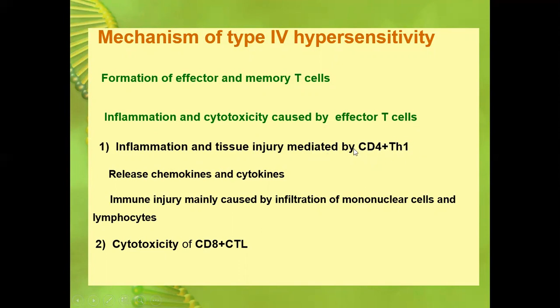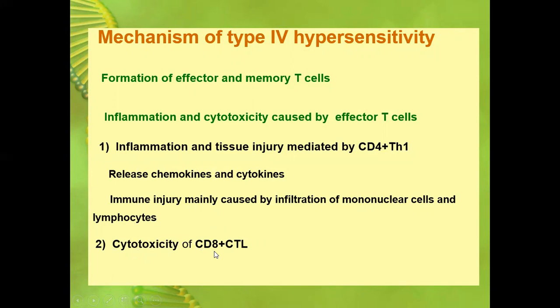CD4 is a marker present in T helper cells, and they release cytokines and chemokines, and that leads to immune injury mainly caused by infiltration of mononuclear cells and lymphocytes. And apart from this inflammation, it may also cause cytotoxicity by CD8 cells.